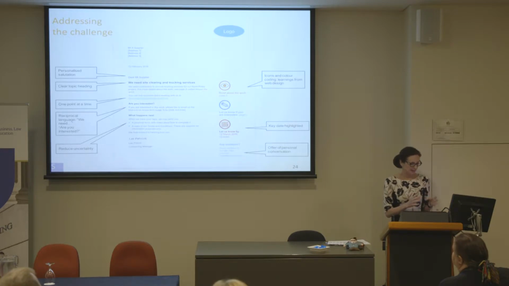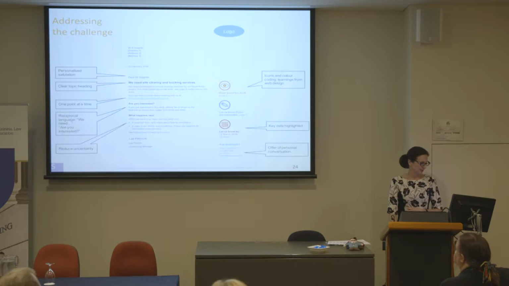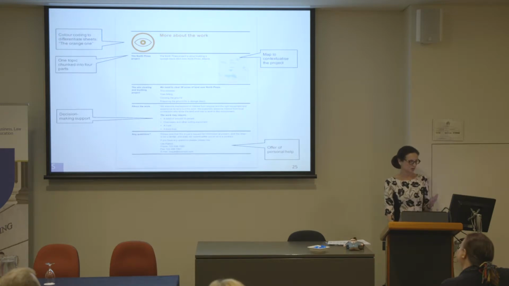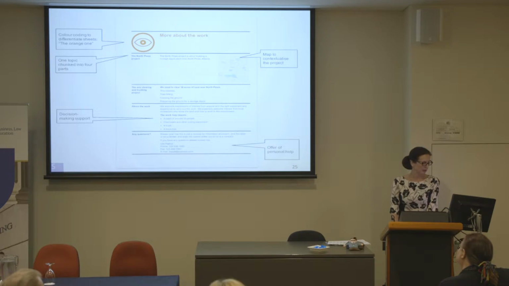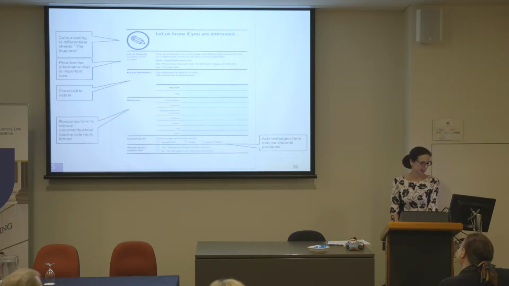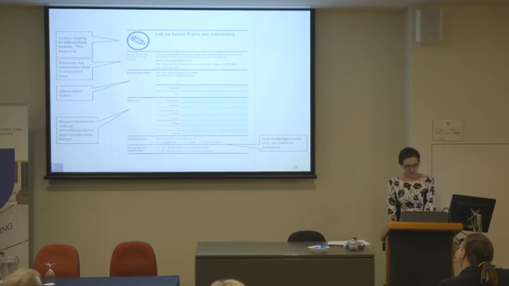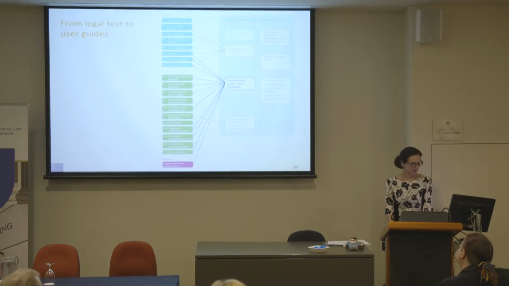So we added icons, we added really a different way of talking to the supplier, personalized, clear topic headings, making it easier, and color coding, iconizing, so that you can find what you're interested in and then have a closer look. A map, offer of personal help, various ways to make it easy for the supplier to bid and also to comply.